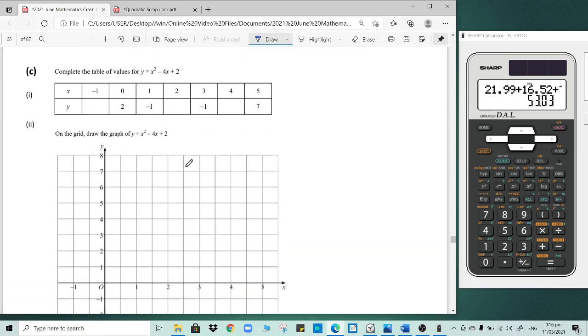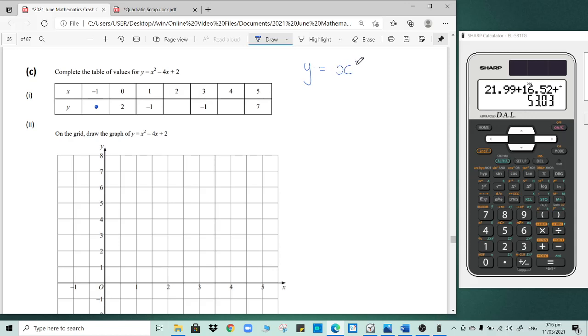Alright, so here we have to complete a table for a quadratic. They gave us all the x values and a few of the y values are missing. To figure out this value here, you notice the value of x is minus 1. We just have to replace all the x's here with minus 1. So let me write this twice here.